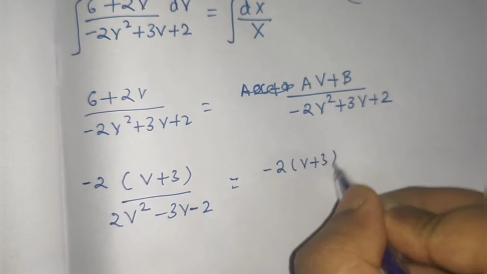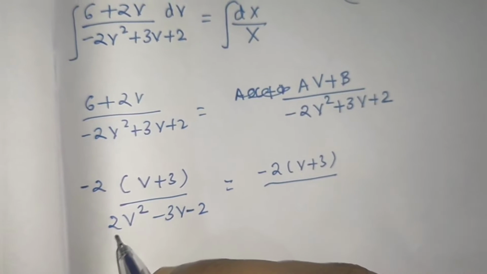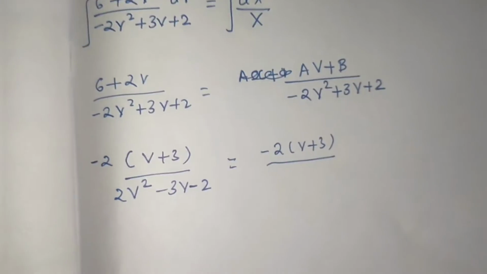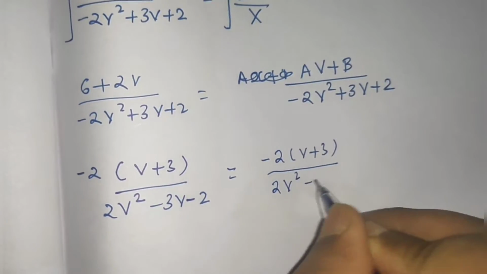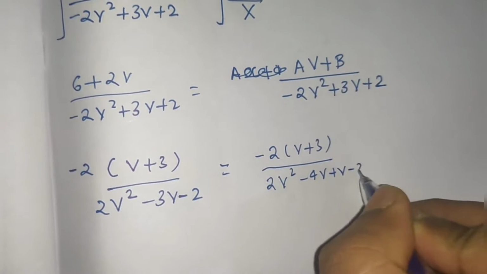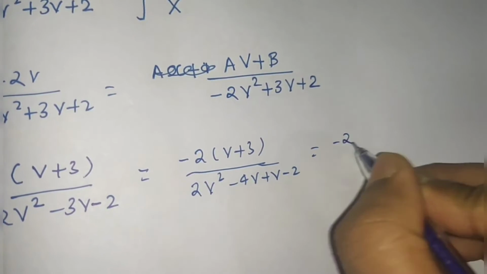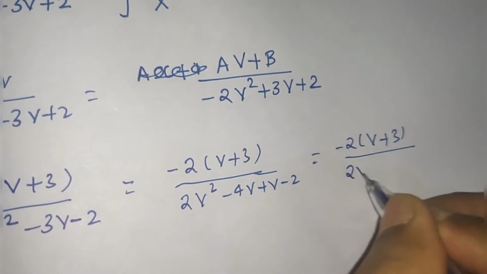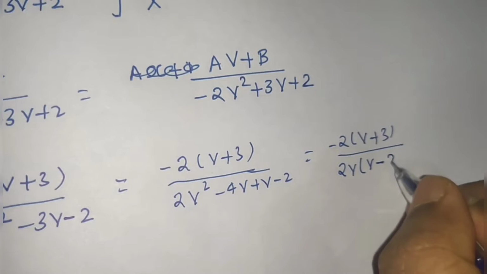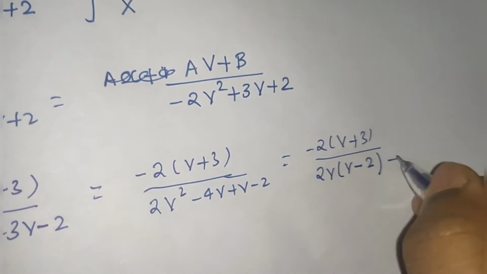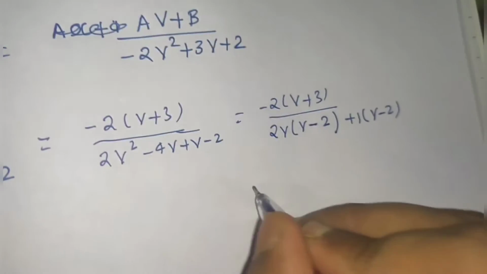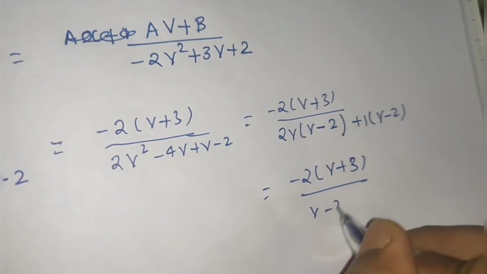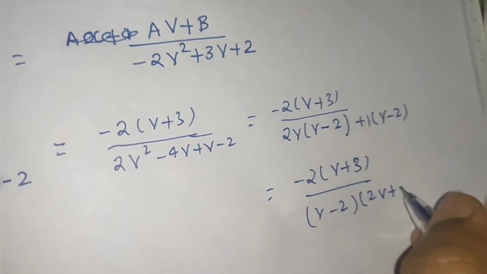So minus 4 is coming, so minus 4v plus v. So 2v square minus 4v plus v minus 2. If I take 2v common, so v minus 2, plus 1 common, v minus 2. So minus 2 times v plus 3 over v minus 2 times 2v plus 1.